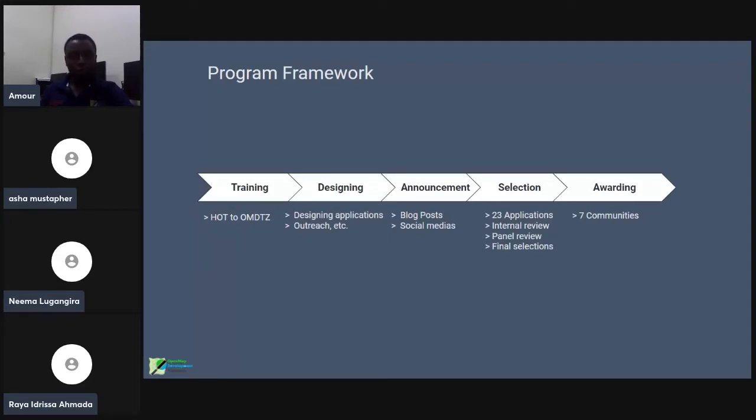After they reviewed, we came to the internal selection, the final selection, which was done by the internal OMDTZ team. So, the successful ones, we got the communities that will be working, and the last process was to start awarding these 7 communities.